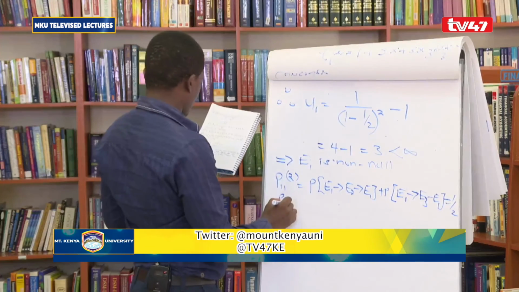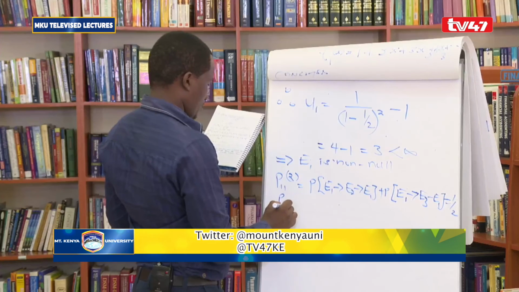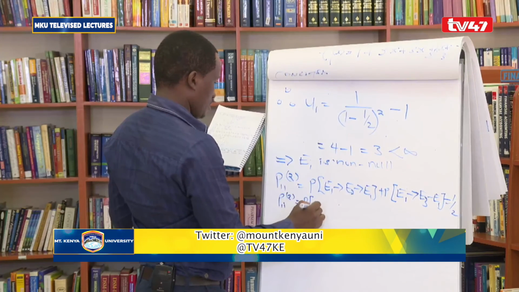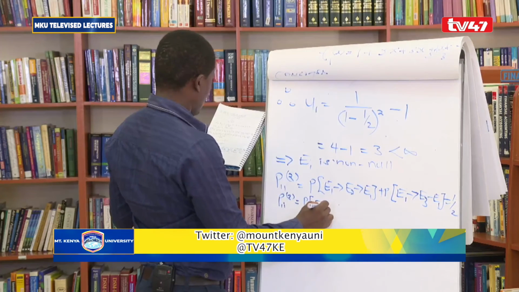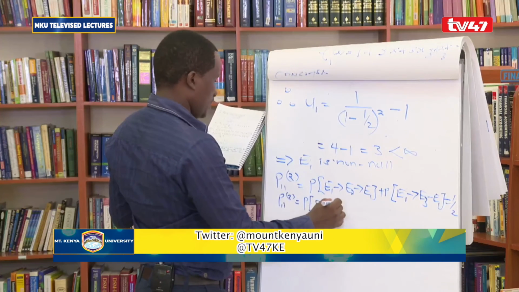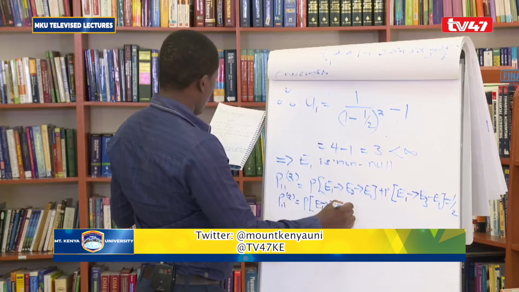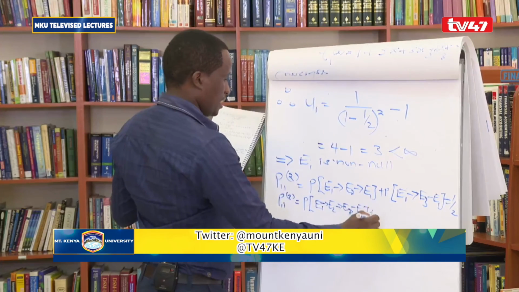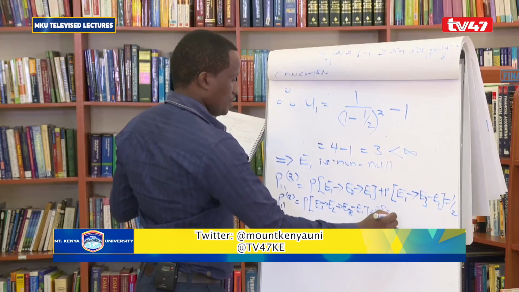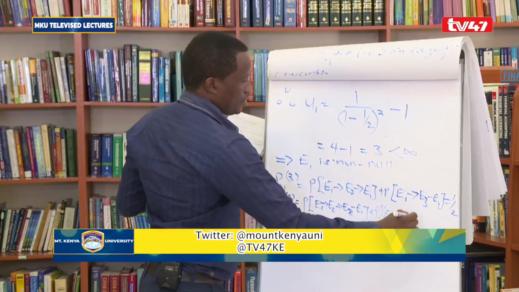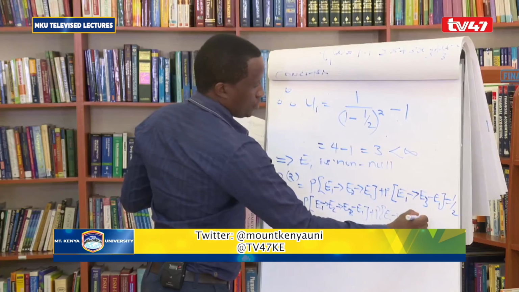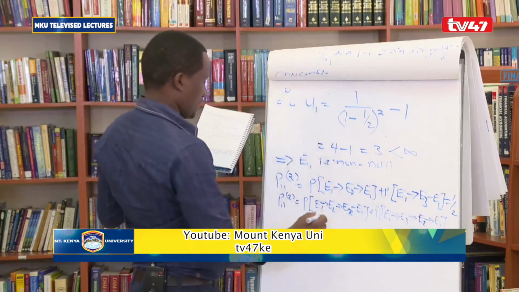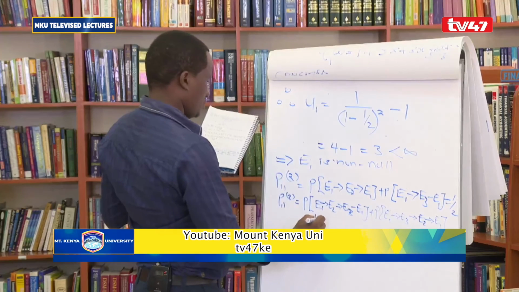If we do P113, this is P, E1 to E2 to E3 back to E1, plus the probability of E1 to E3 to state 2, then back to state 1. And this is equivalent to a half squared.